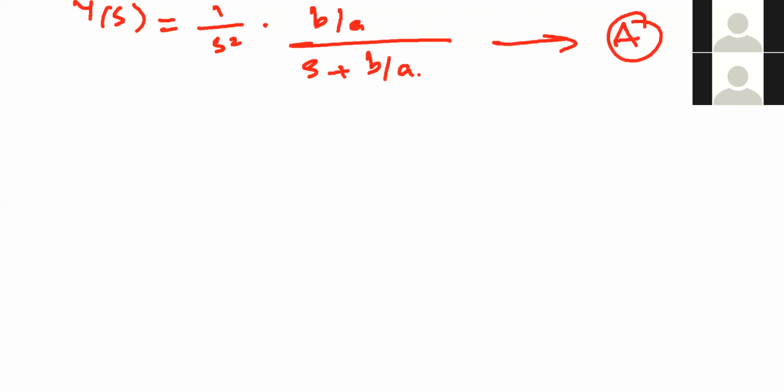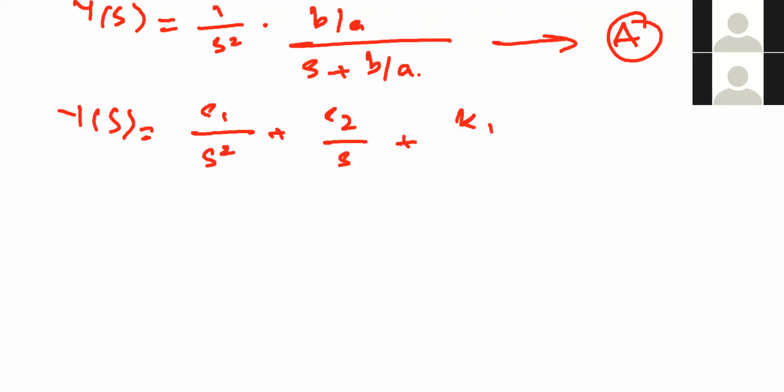Remember repeated roots, so we have to use the repeated roots technique, which gives C1 divided by s square plus C2 divided by s, plus one real root without repetition, K1 divided by (s plus b by a). And now we have to find C1, C2, and K1 by the method that we already described earlier.